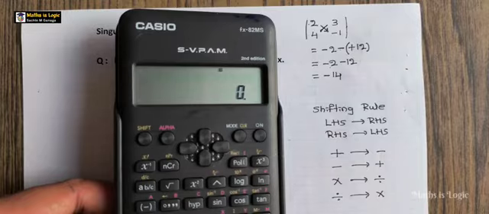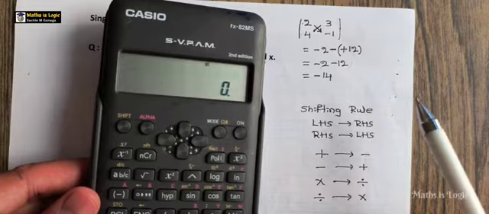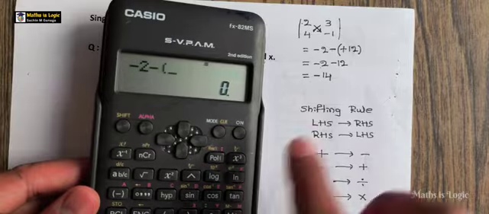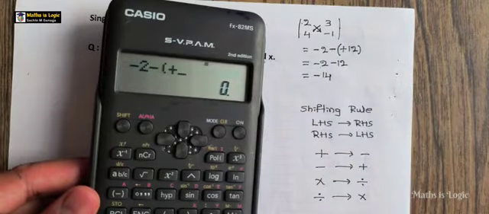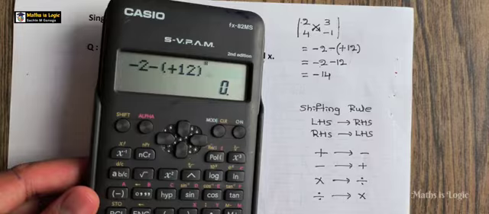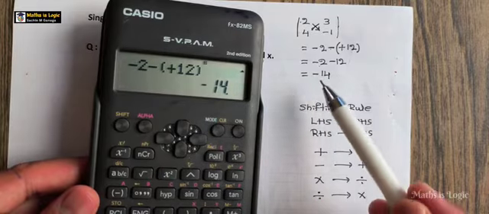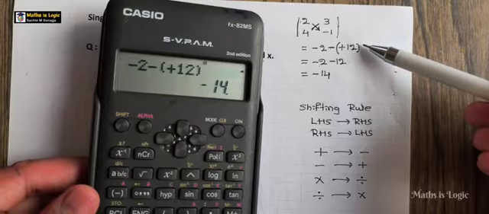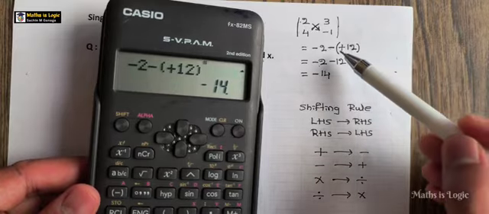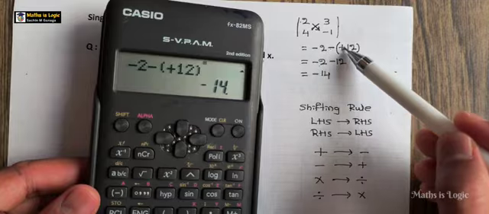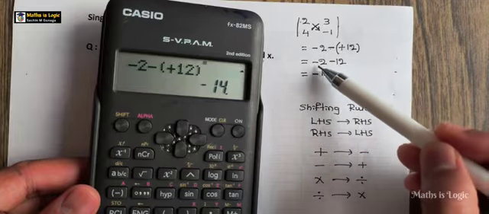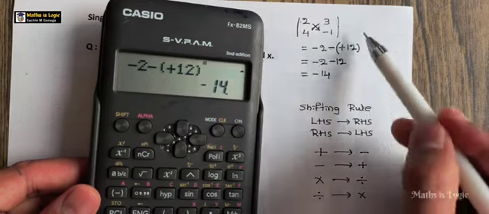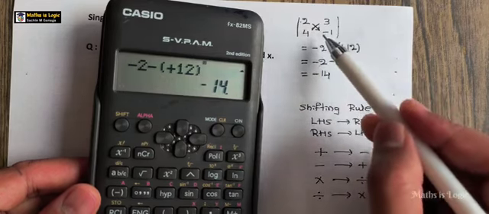Minus 2 minus in bracket plus 12, close the bracket, so directly you will get minus 14. So either here directly you can use the calculator, otherwise further if you want to do the simplification, open the bracket, minus into plus is minus 12 as it is, minus 2 minus 12 goes to minus 14. So this is second order determinant rule.